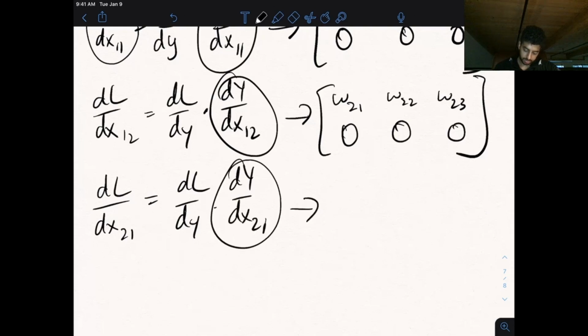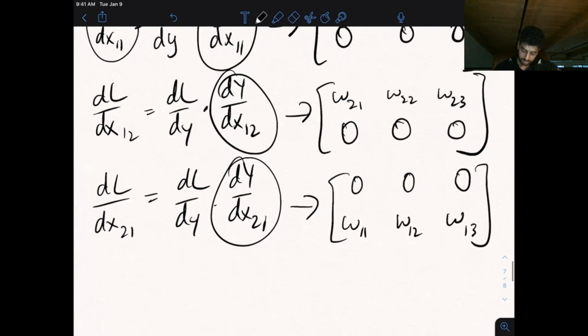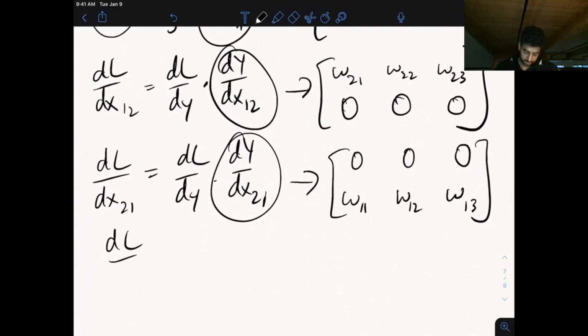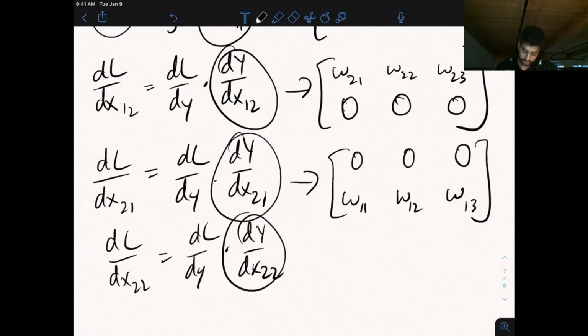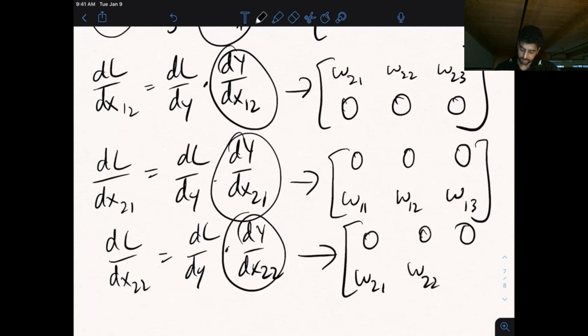This term looks like this. Here the top elements are 0, and the bottom elements are this. And finally, I guess we can do the last one. What is this thing? It's again zeros on the top, but we have this on the bottom.